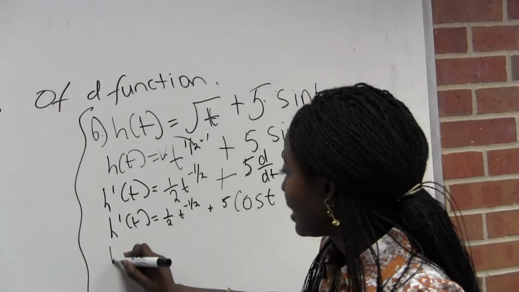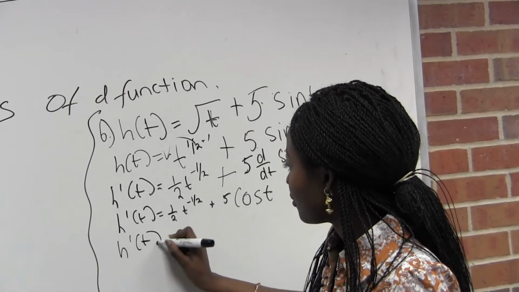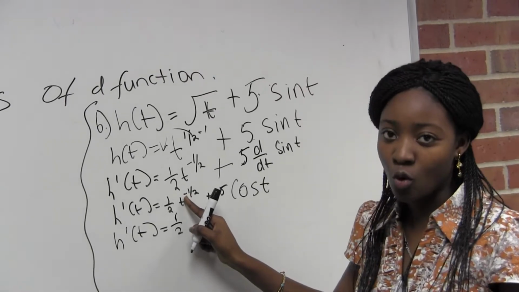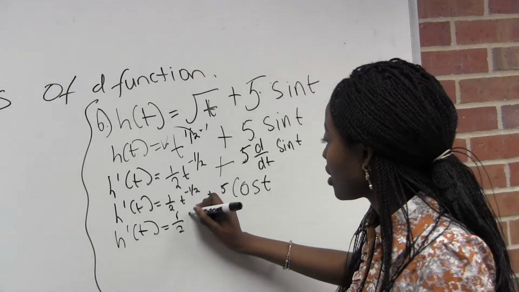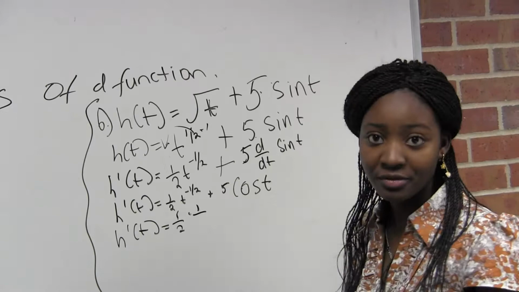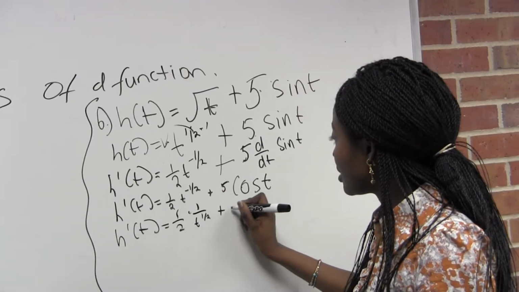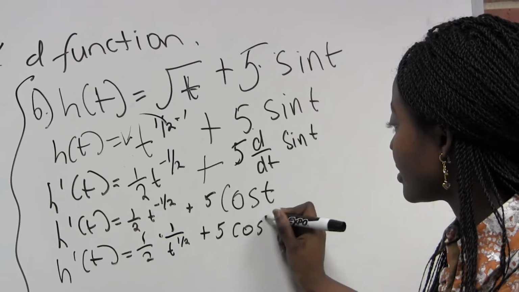Now I can actually make this better. So I'm going to have h prime of t. I have my 1/2. Whenever I have a negative exponent, it simply represents 1 over, and then I have t to the 1/2 plus 5 cosine t.